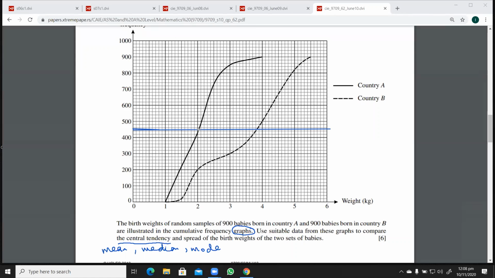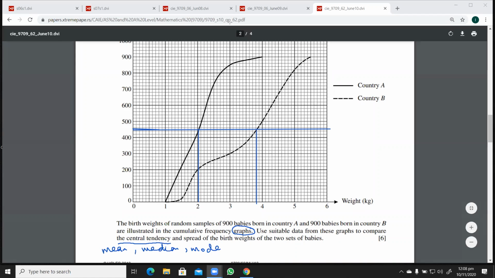Here is country A, and here is country B. So you can see that in central tendency, the country A babies are much lighter than the country B babies.